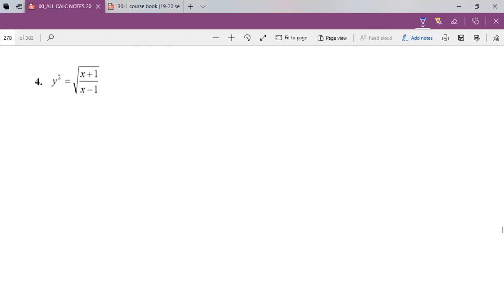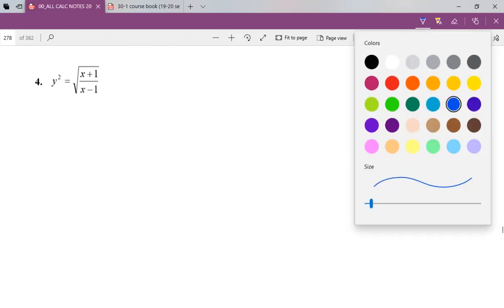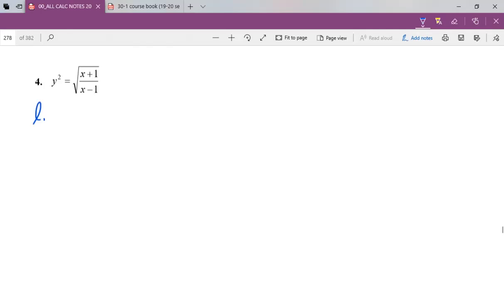So when we log both sides, this is ln y squared equals ln of x plus 1 over x minus 1, all to the half, right? So this becomes 2 ln y on the left side. The right side ends up being 1/2.